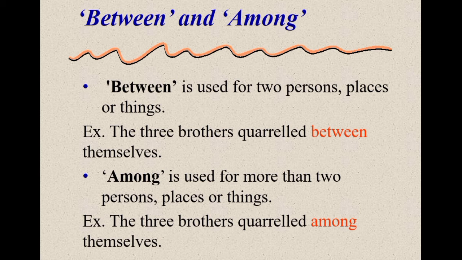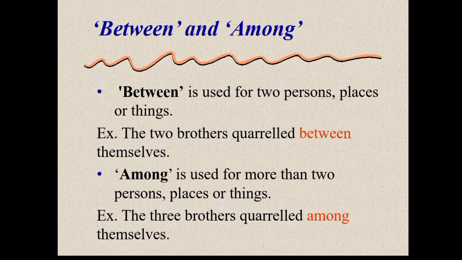Okay, the example is: The two brothers quarrel between themselves. Means there are two brothers and they quarrel between themselves. So here we have used between because there are two persons, two brothers, and if there are more than two, we will use among.